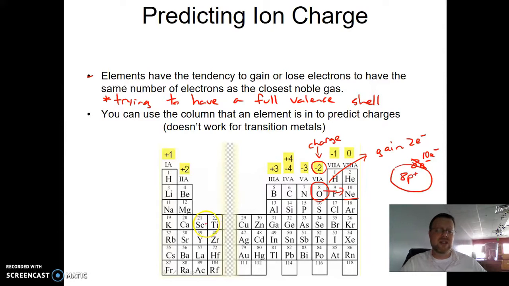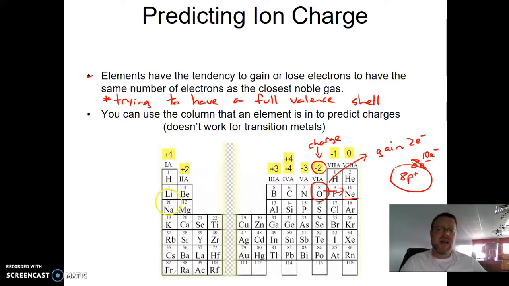Now you can predict the charge for everything in the same family using a similar kind of technique to what we did before, in that everything in the same column is probably going to take the same charge when it becomes an ion, because they all tend to have to gain or lose the same number to get to the closest noble gas. Like, for instance, if you were to look at lithium, lithium is element number 3, the closest noble gas is number 2, it's going to have to lose 1 electron to make a +1 ion.